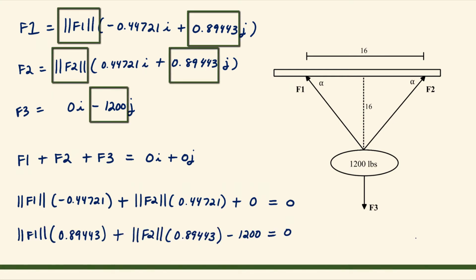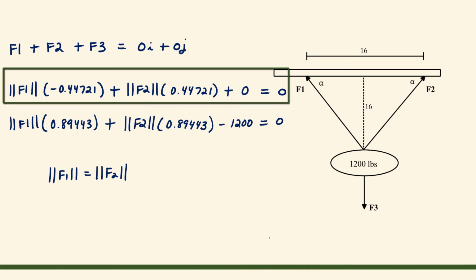And also, the magnitude of force vector F1 times 0.89443 plus the magnitude of force vector F2 times 0.89443 minus 1200 must also equal 0.